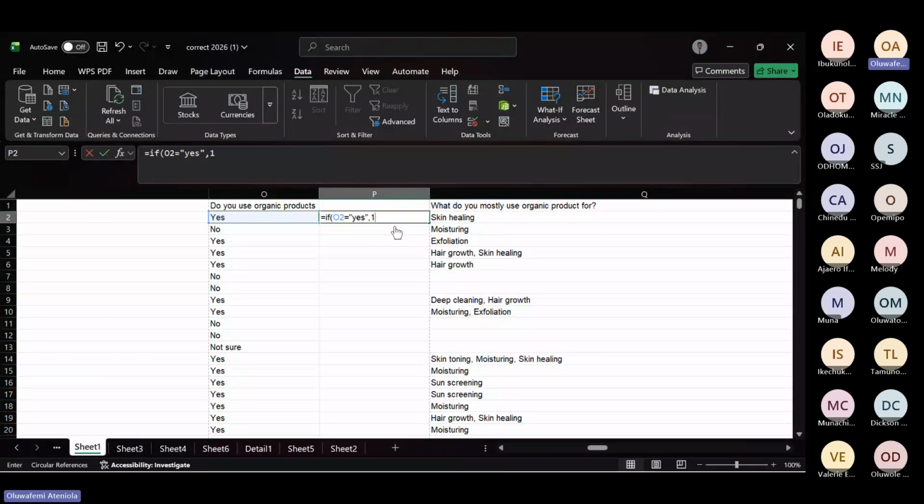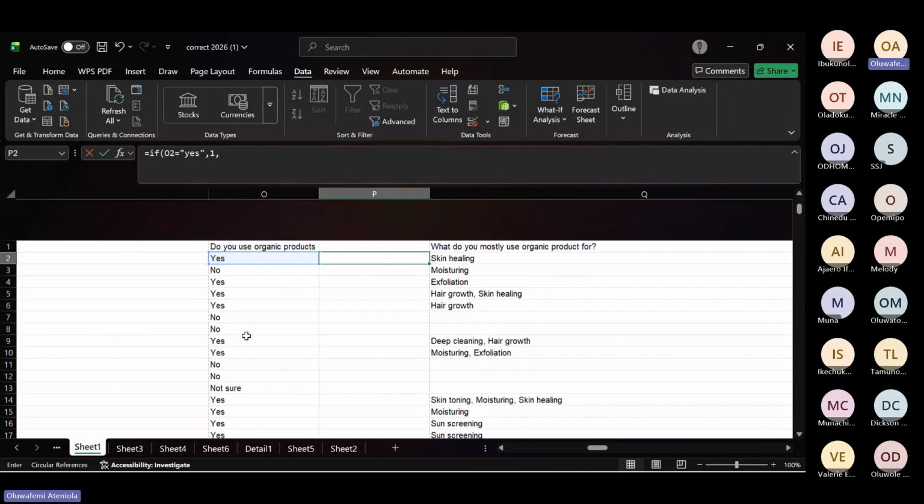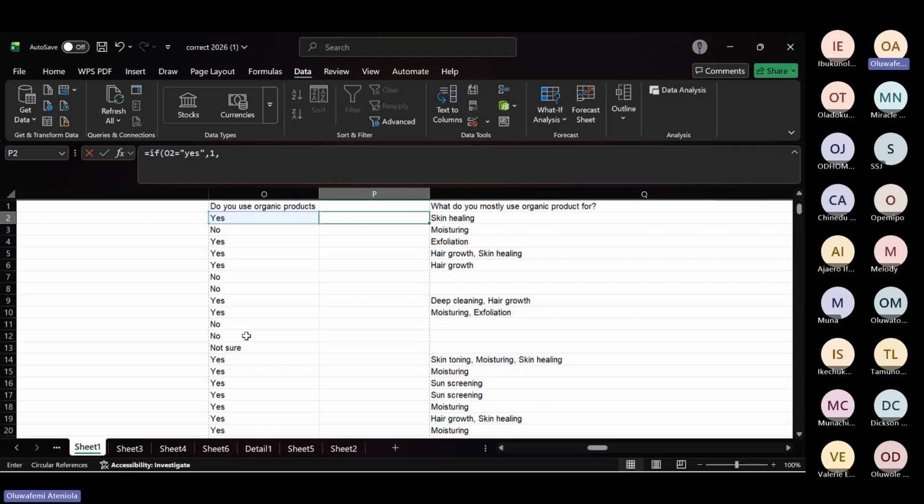Close the parenthesis. If you want to pass another option, I can see some people are saying not sure. Since I want to pass another IF, I'm going to say again IF, open another bracket, if this same cell again is equal to no. I hope this is not confusing yet.